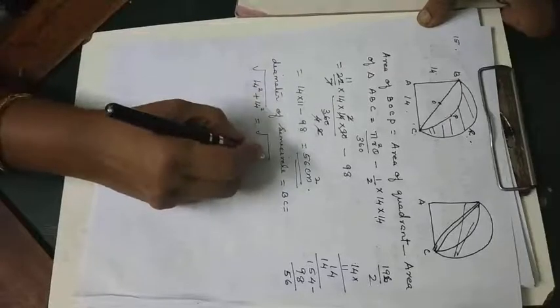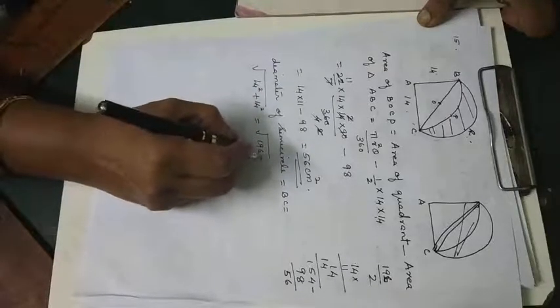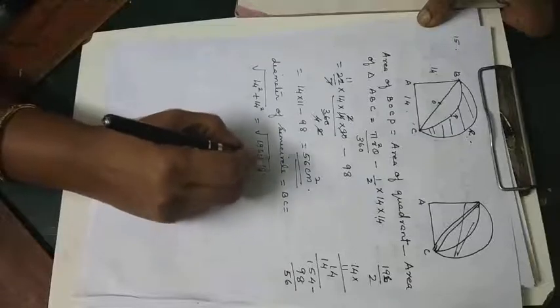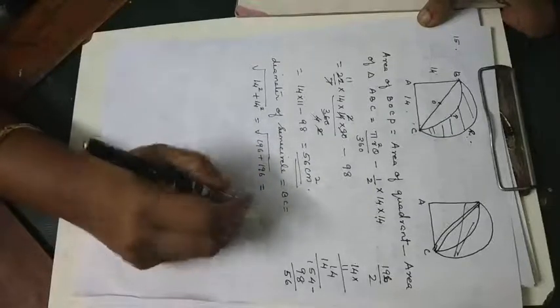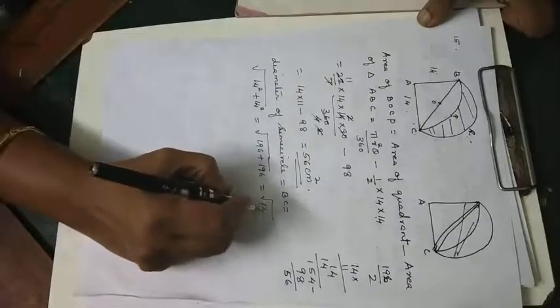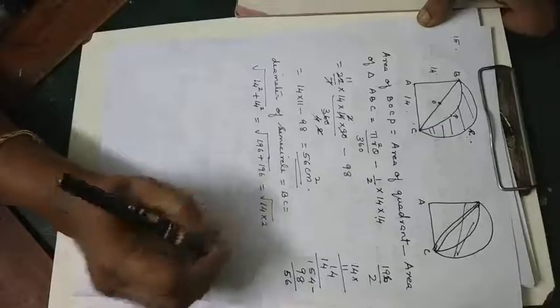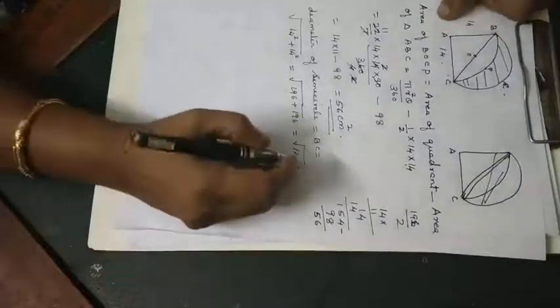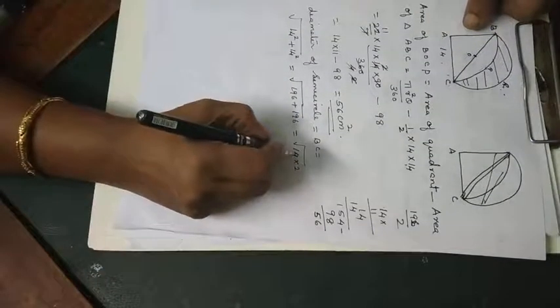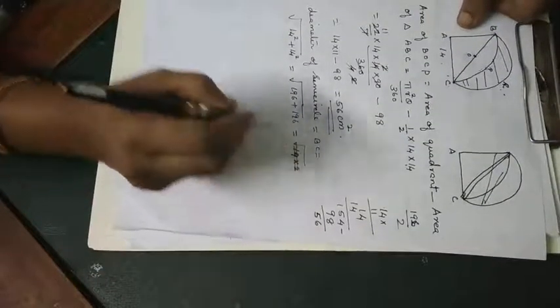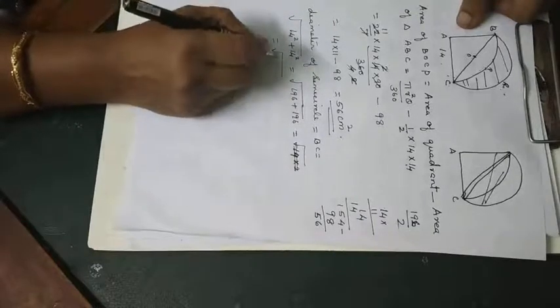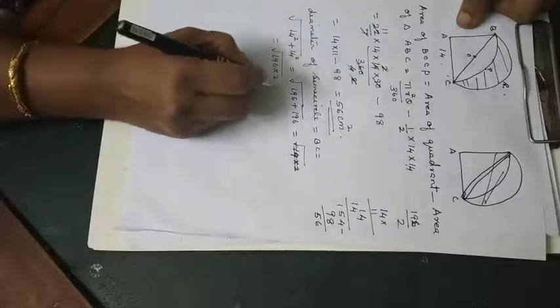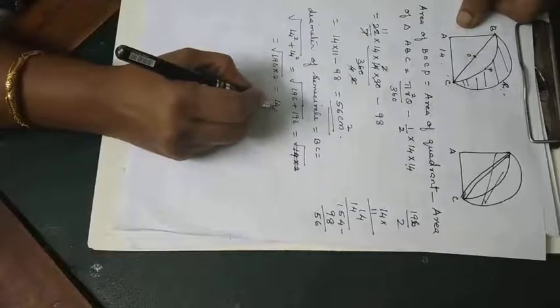So 14 square is 196, plus 196, or you can write 196 into 2. Root of 196 into 2, that is 14 root 2 you will get.